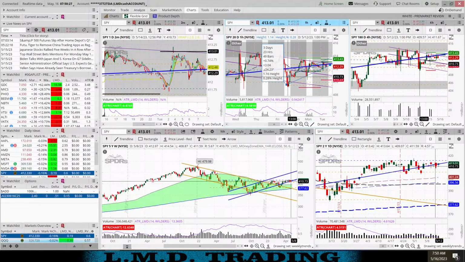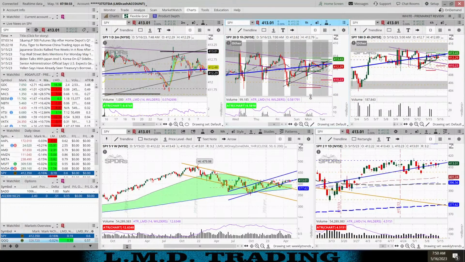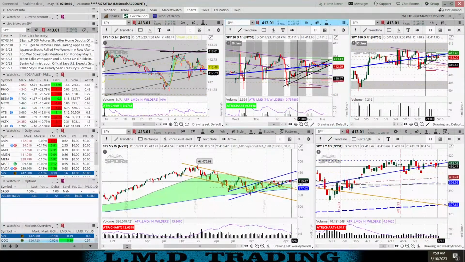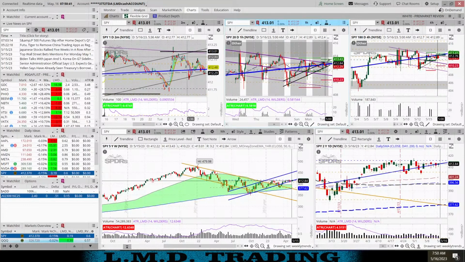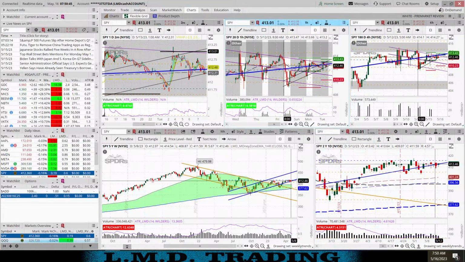And I'm going to use that point right there as my up channel or up line. So this is what I see this doing if it goes higher. If it goes lower, we'll just continue to use the hourly down channel. So that's the SPY.